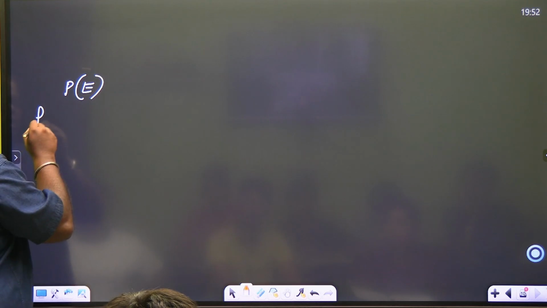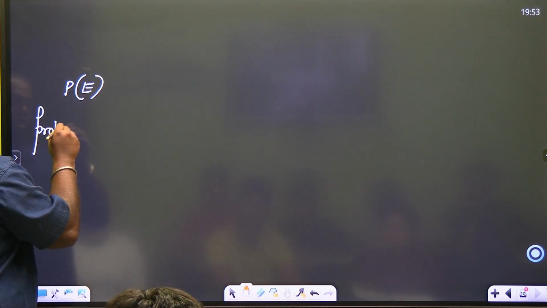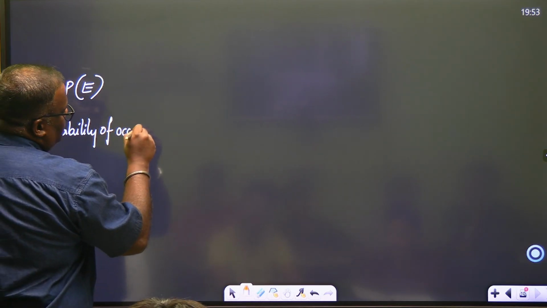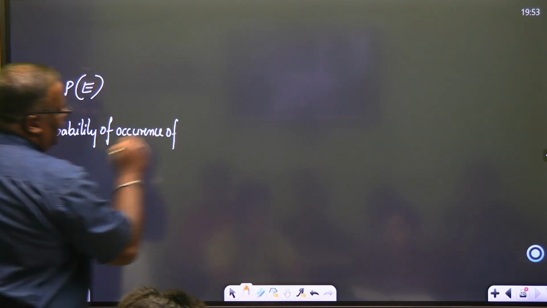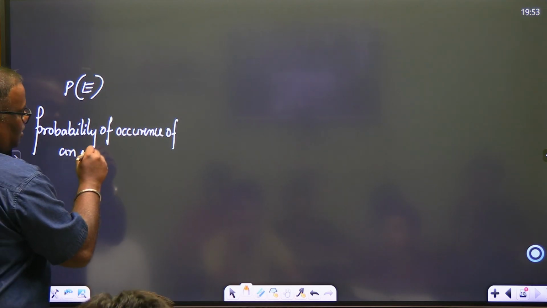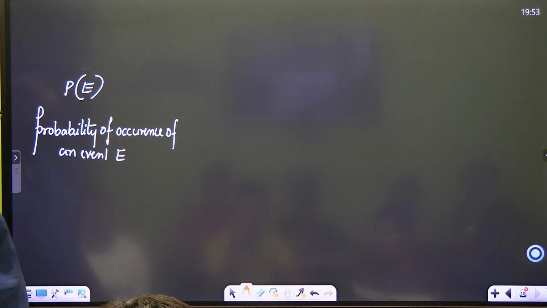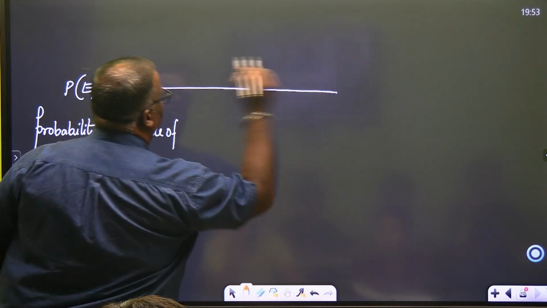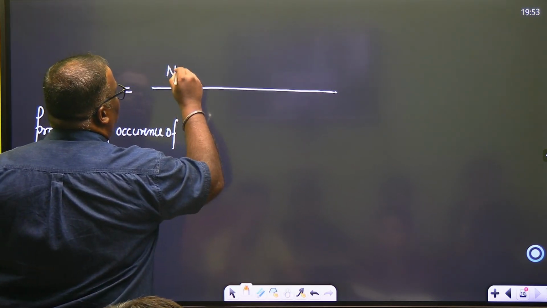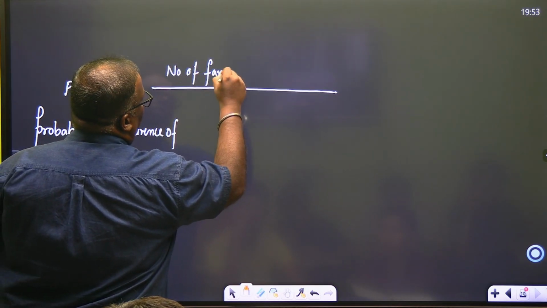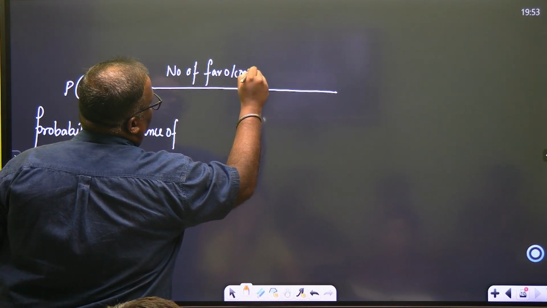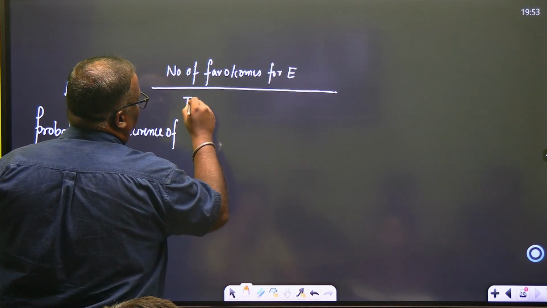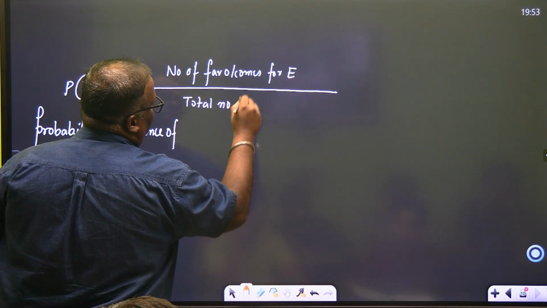We read it as probability of occurrence of an event E. Probability of occurrence of an event E is given by number of favorable outcomes for E divided by total number of possible outcomes.